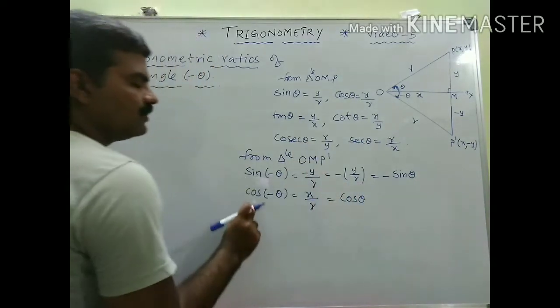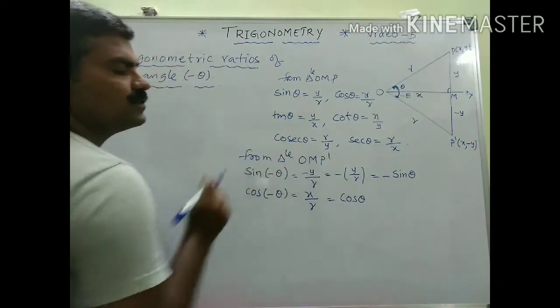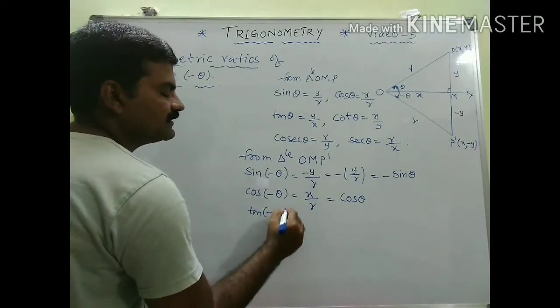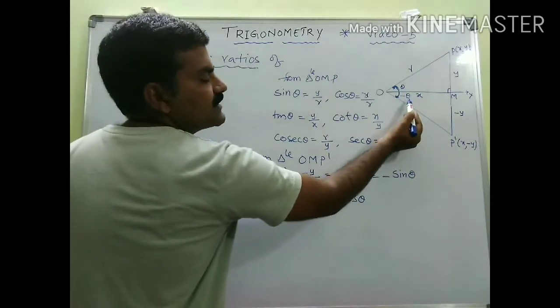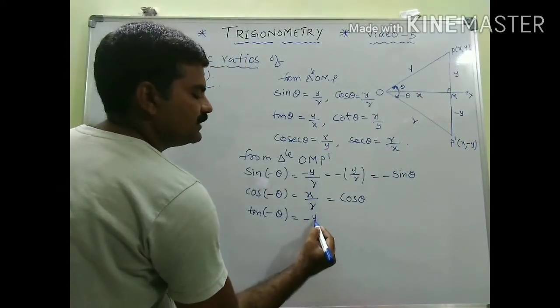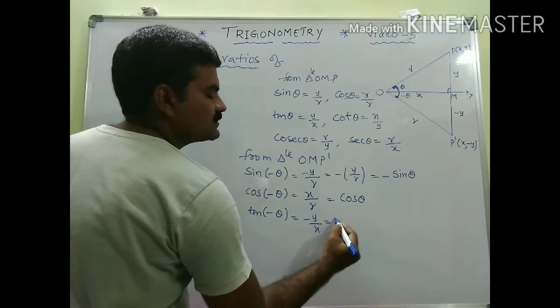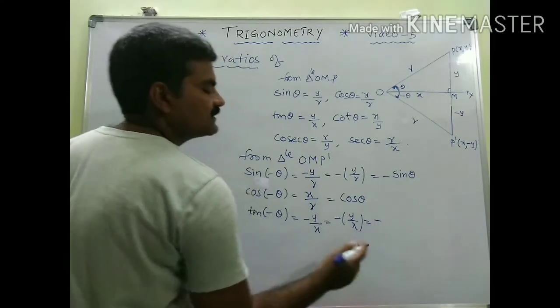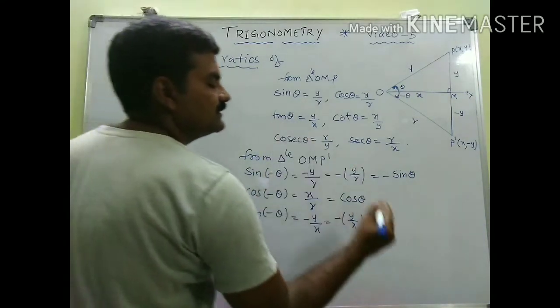That means cos of minus theta is equal to cos theta. And let us see what about tan of minus theta. The tan ratio is opposite by adjacent, which is minus y by x, and minus y by x is minus tan theta.